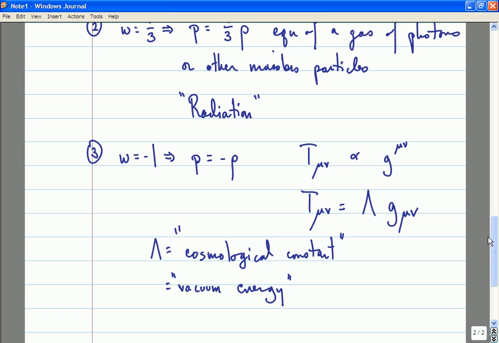I mean, it's really a fascinating time to be studying this because, when I took general relativity, the cosmological constant wasn't even introduced in the course, because everyone assumed that there was no cosmological constant.